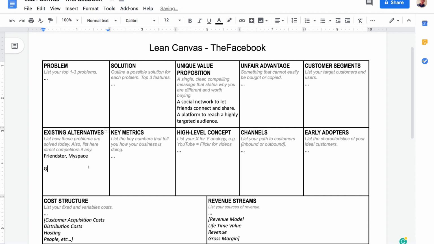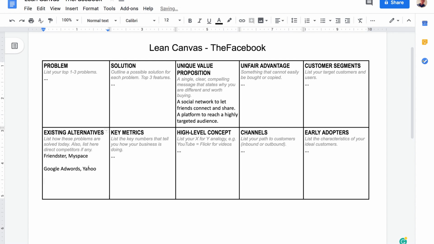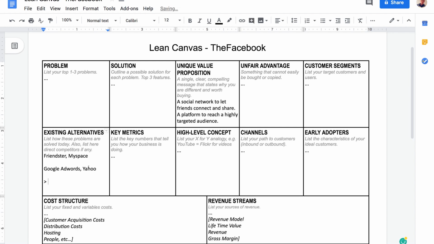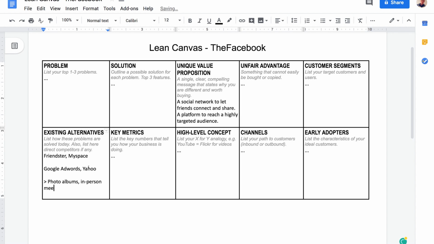Also for advertisers, we had Google AdWords and Yahoo, who are indirect Facebook competitors. Probably we can say it's like photo albums with in-person meetings and phone calls, maybe it's something like that, I guess. So let me put it here. Photo albums, in-person meetings and phone calls.